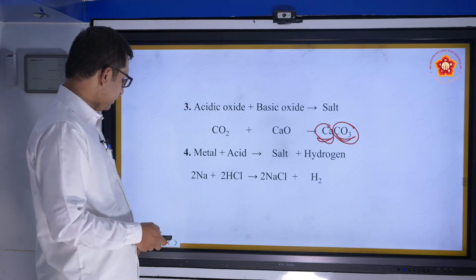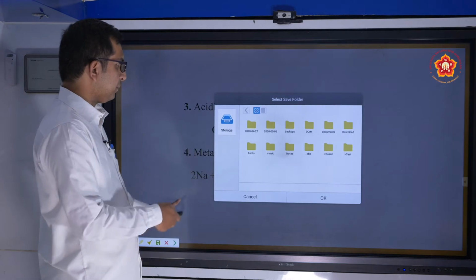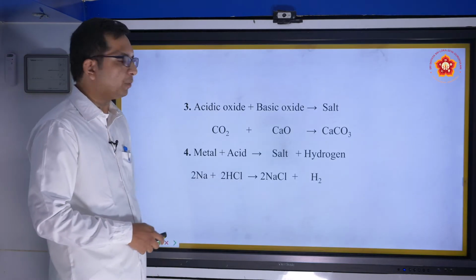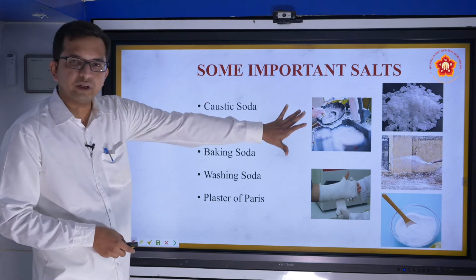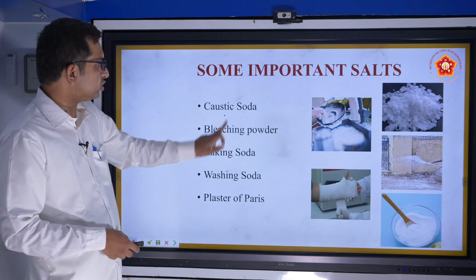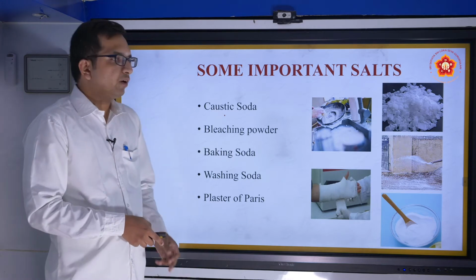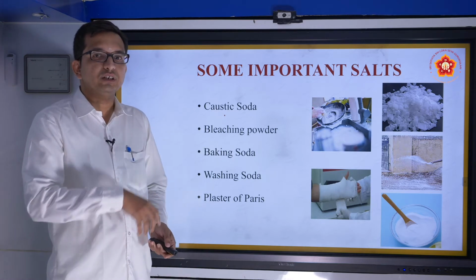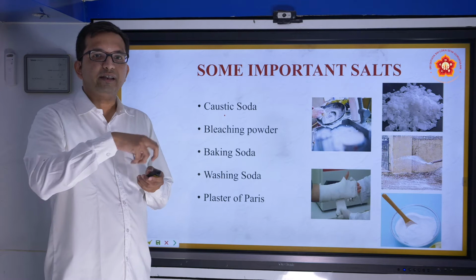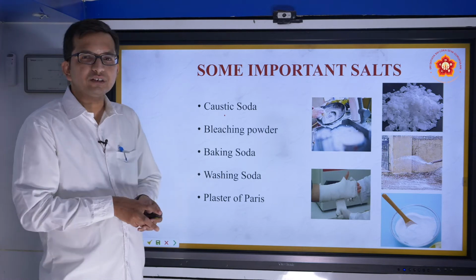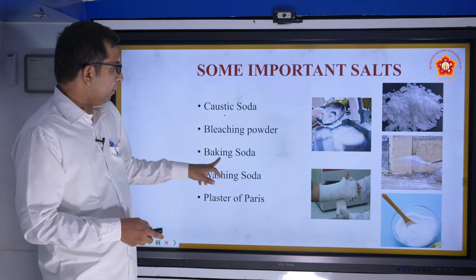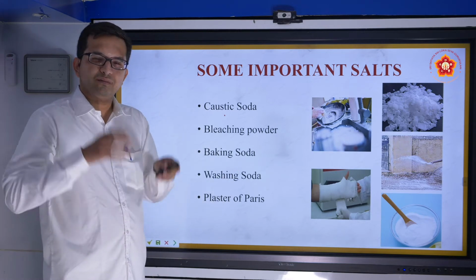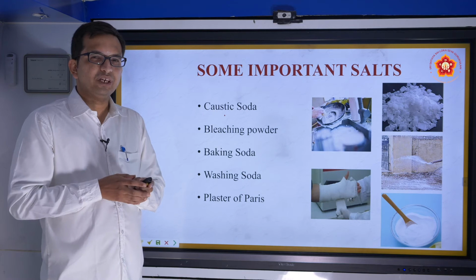So let us see some of the important salts. Some important salts, with pictorial representations also given for you. Caustic soda, one of the salts used mainly for reactive purposes. Bleaching powder, mainly for cleaning. Baking soda, think over this. Where do you use baking soda?